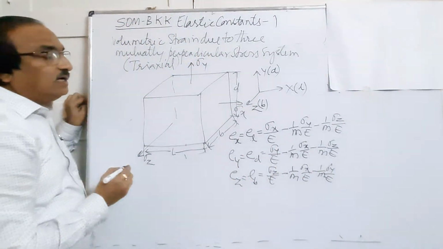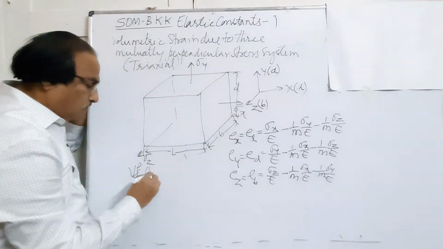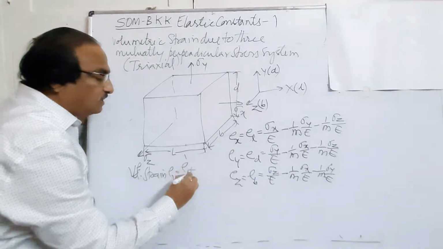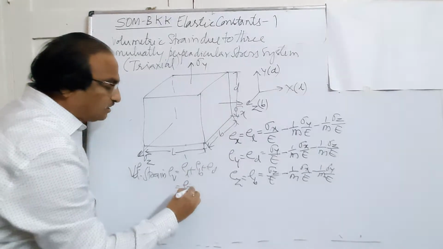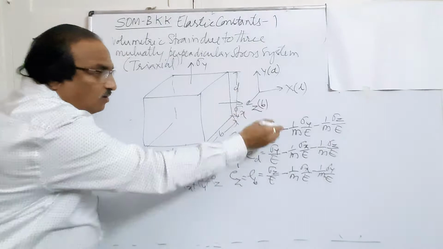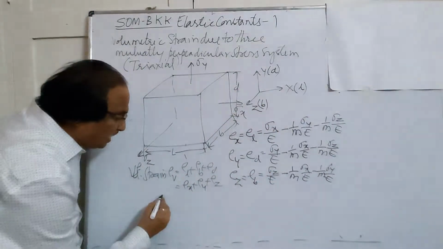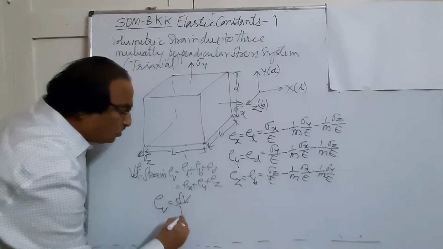And for rectangular, we have seen volumetric strain EV is equal to EL plus EB plus ED, or it will be EX plus EY plus EZ. We have got all the values. If we add and simplify, you get volumetric strain, which is nothing but change in volume by original volume.